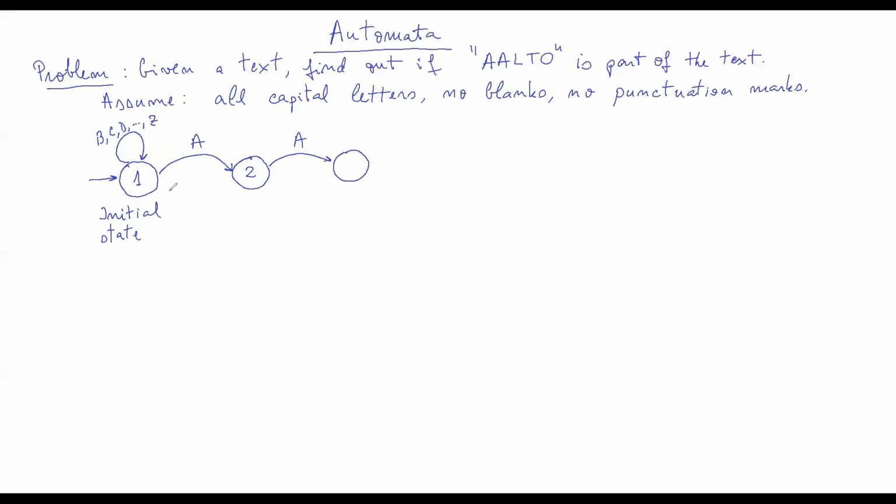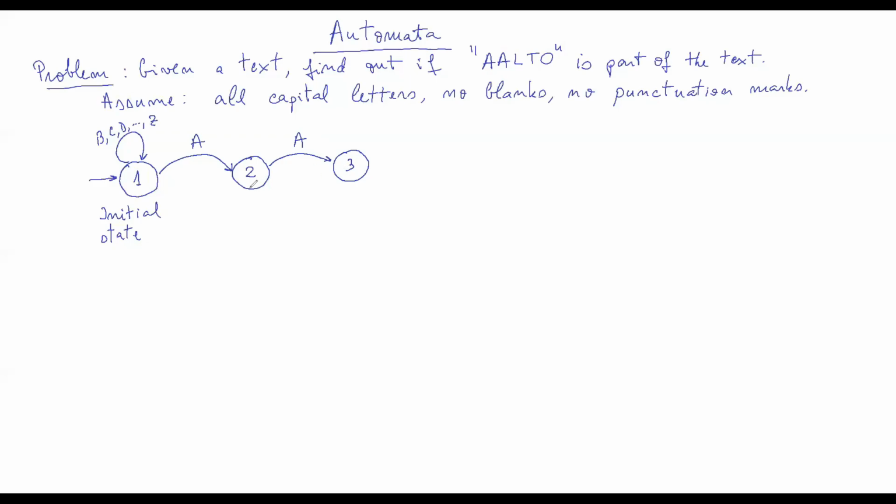It doesn't matter how many letters you had before that, but all of a sudden you were in this state where you knew there was an A, just the previous letter you've read, and now you got a second A, so you get even one step closer to finding maybe your word alto.